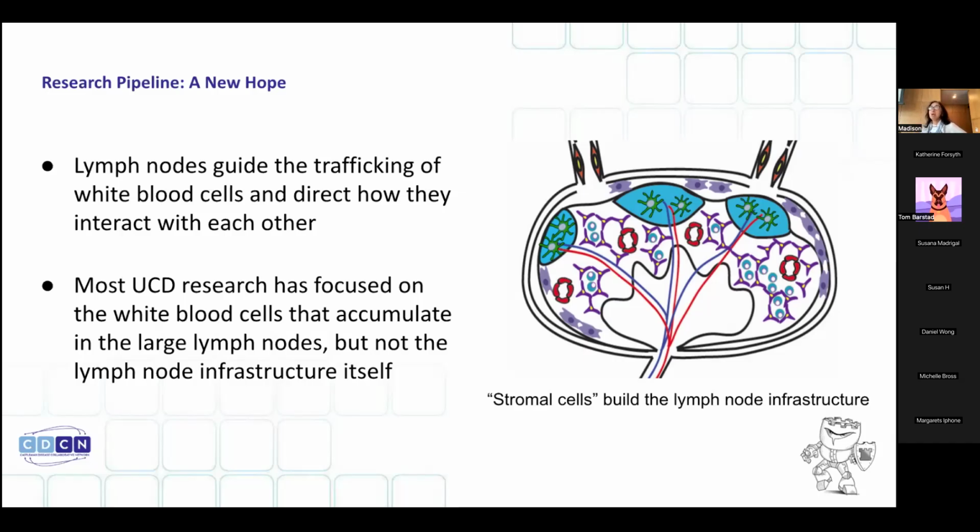The research in unicentric Castleman disease has focused on the cells that are coming into these lymph nodes, but also the cells that are kind of supporting them. It is these stromal cells that we think may be a key to figuring out why patients with Castleman's disease develop the pathology that they do.